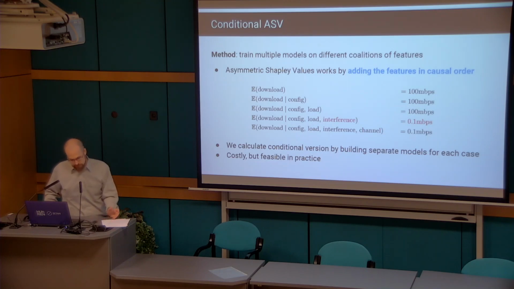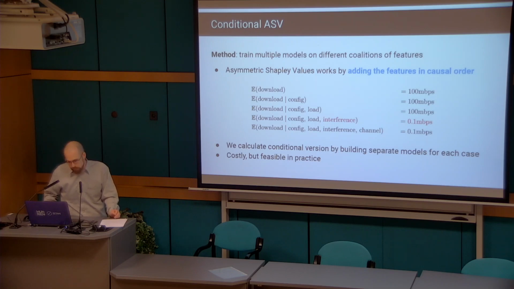And the actual method is a bit more complicated than this because the causal order is not this well defined. We have to do a weighted average over a bunch of orderings. But this is the general idea. In this paper, we tested a number of methods to do this while staying with conditional Shapley values.